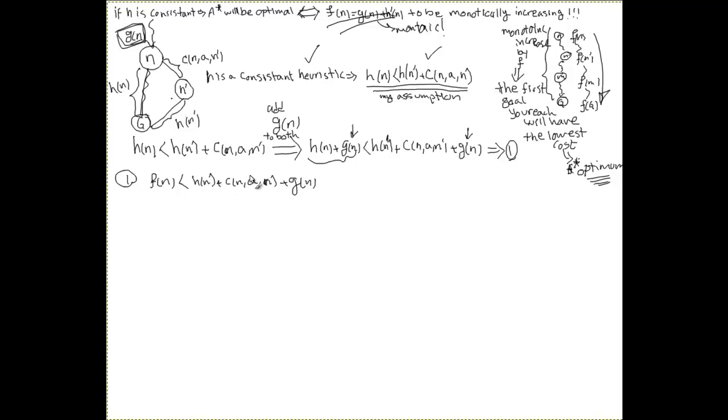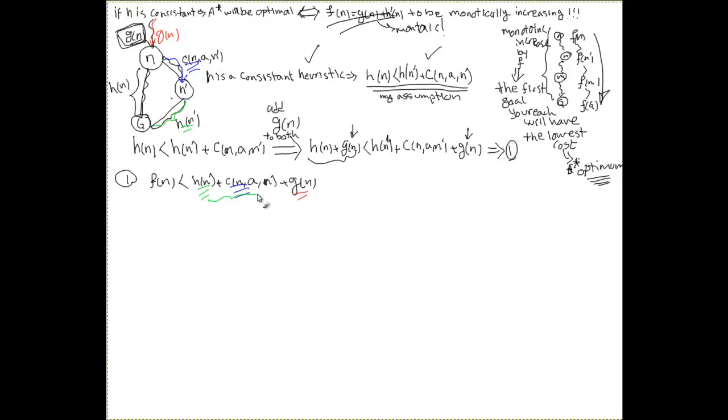And if you look at this equation here, g of n is essentially the cost of going from the start to n. Then c is the cost of going from n to n prime. And then h of n prime is the cost of going from n prime to your goal.